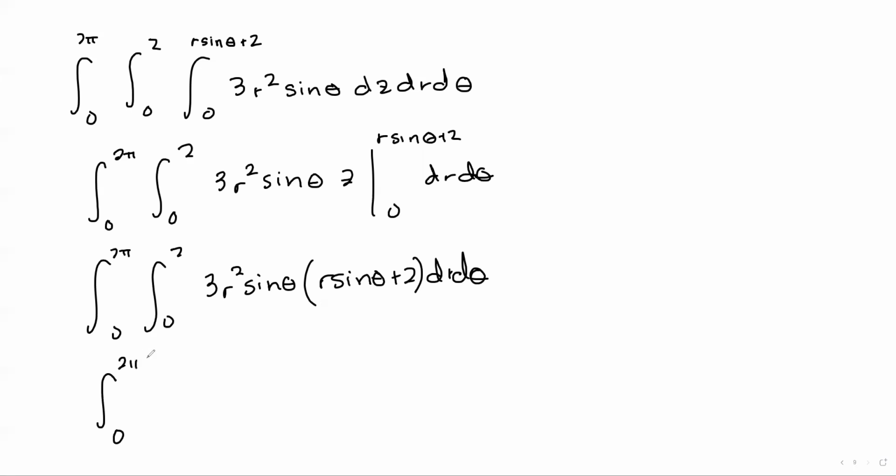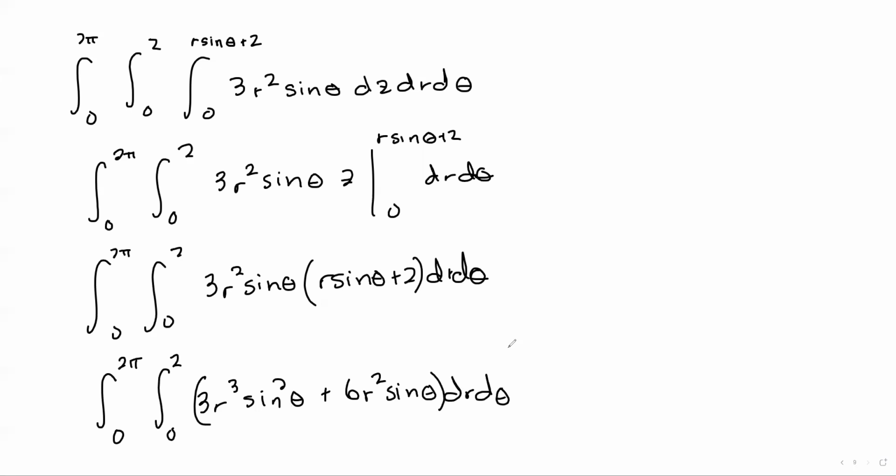You can multiply this. We're going to get 3r cubed sine squared theta plus 6r squared sine theta dr d theta.